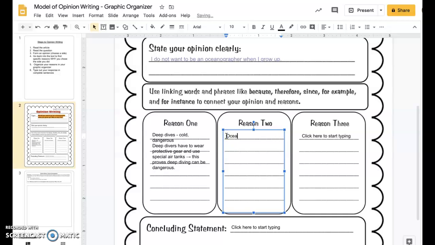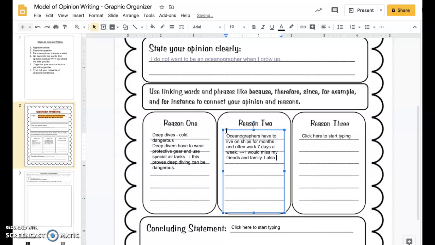So oceanographers have to live on ships for months and often work 7 days a week. I want to explain that a little bit more. So I would miss my friends and family, right?